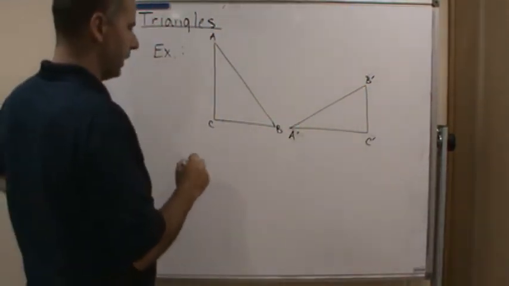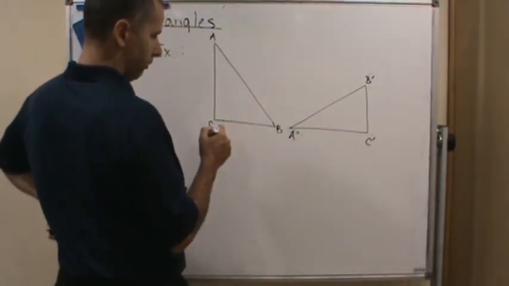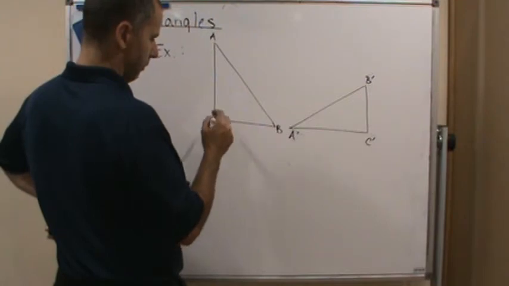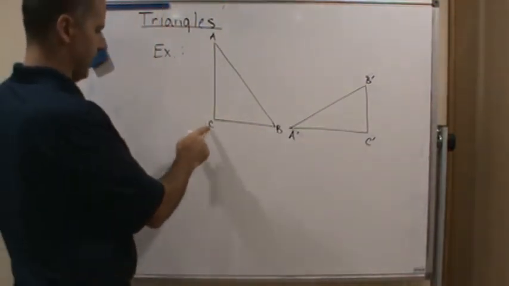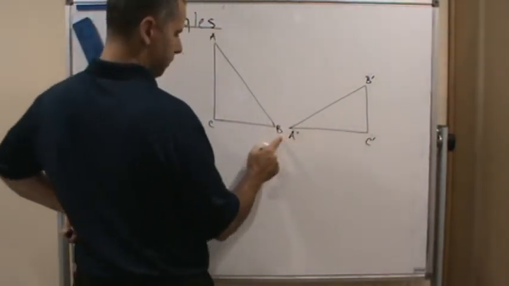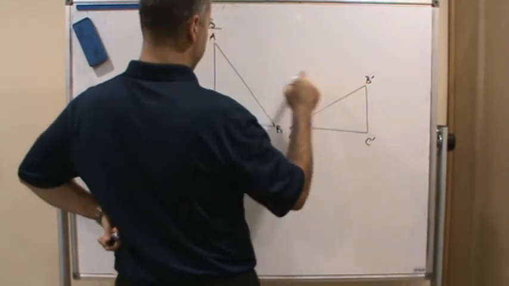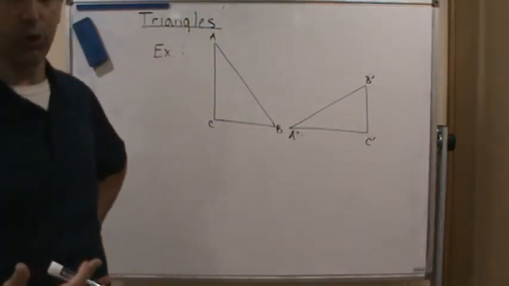If I put in these angles here, I'll just say angle C. So angle C corresponds to angle C prime, angle B with B prime, and angle A with A prime. That's how you do it.